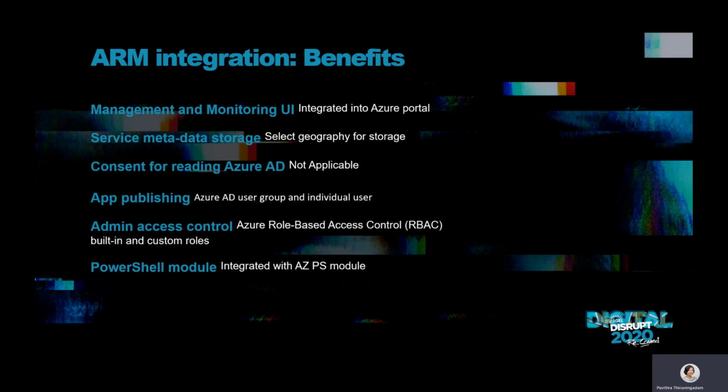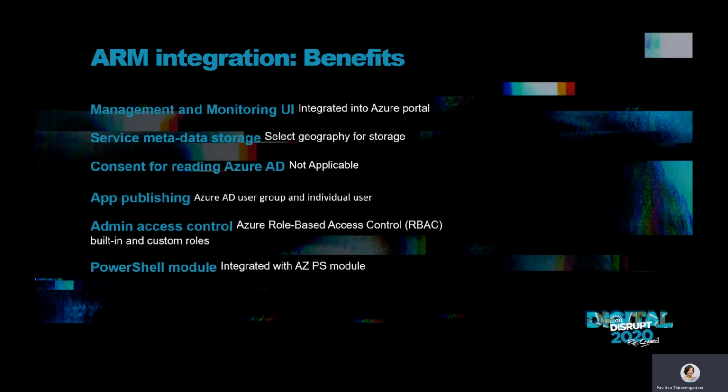As part of the app publishing improvements, Azure Active Directory user groups can now be used to publish app groups to their users. Native Azure RBAC roles can be used to restrict admin access to Windows Virtual Desktop objects.